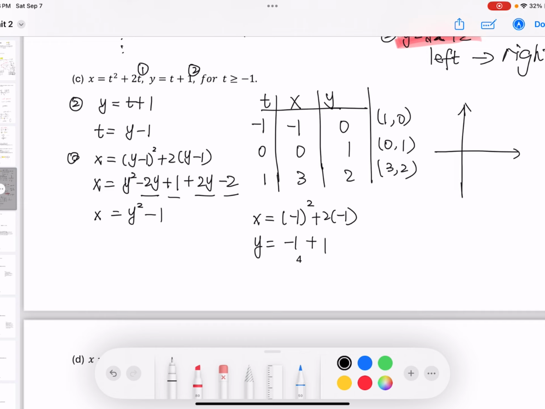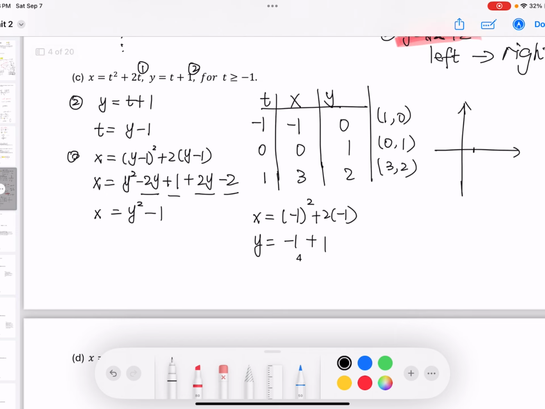I can find the points starting from the initial point. So where is 1, comma 0? It is here. And the second point is 0, comma 1. Let's see. Do I have any computation mistake? Oh, okay, I found my mistake. I'm going this way, but this image tells me I should have my graph looking like this.